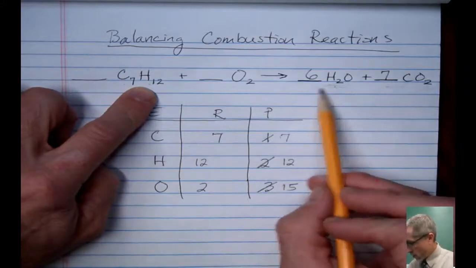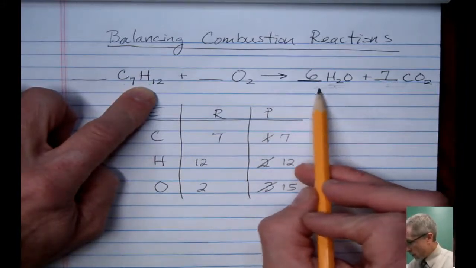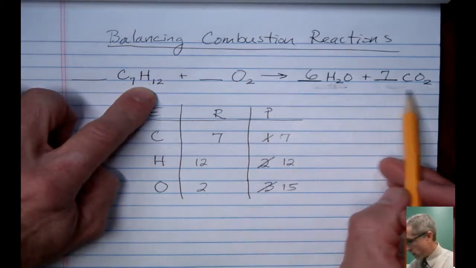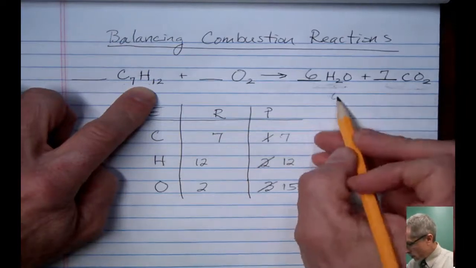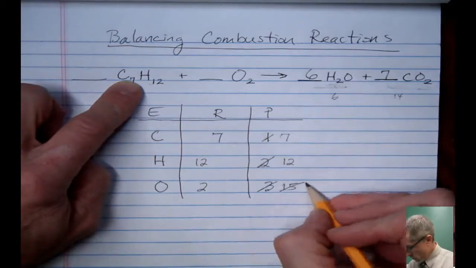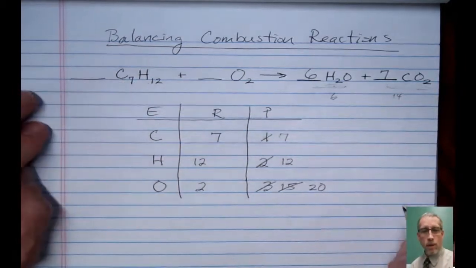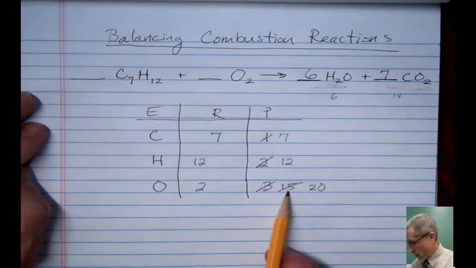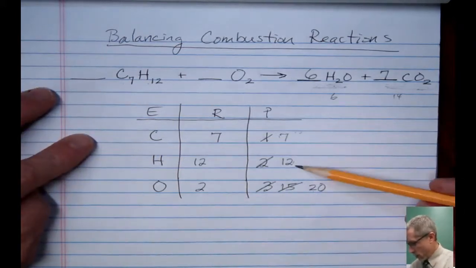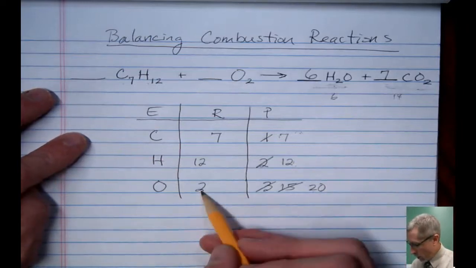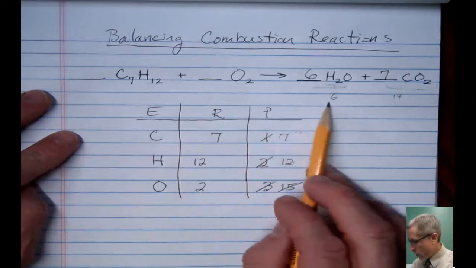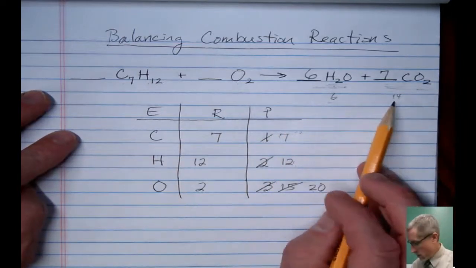So let's add up the total. I have 6 now represented here from these 6 water molecules. I still have 14 over here. That's a total of 20. See how my ERP chart just changed again? I had 3, then I had 15, now I have 20. So I'm in good shape on the carbon and the hydrogen. I just need to now get a whole lot more oxygen on the reactant side to account for the 20 that I've shown over here on the product side.